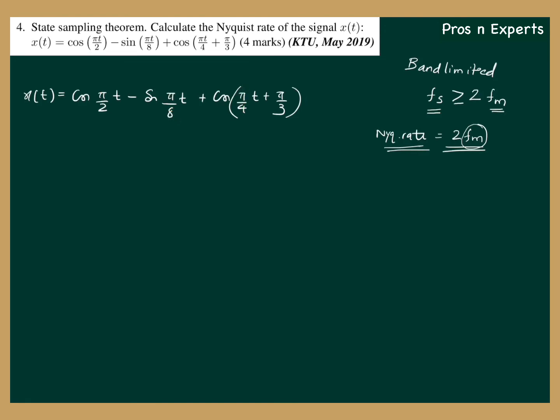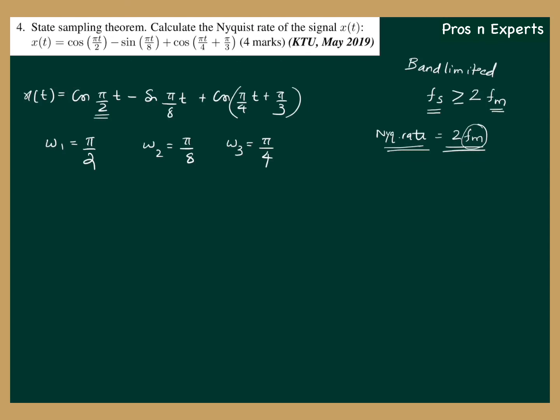What are these frequencies? The first frequency is omega equal to pi by 2. The second frequency component is pi by 8; the coefficient of t gives you omega. And the third frequency is pi by 4.